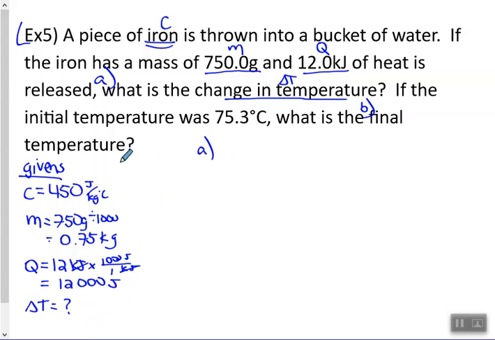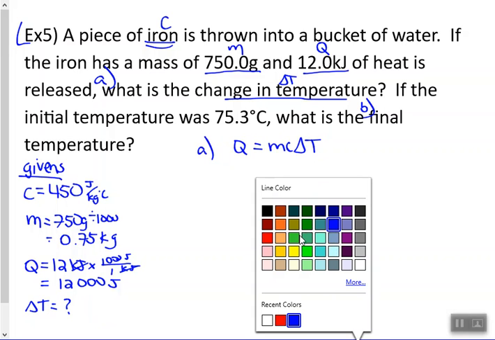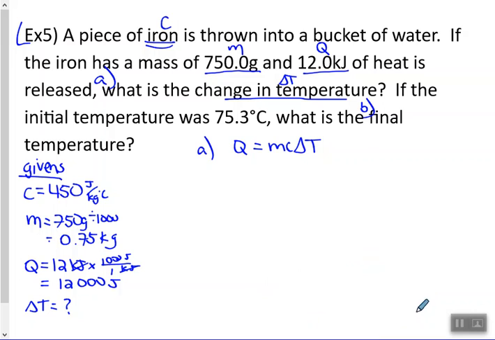So A, what's the change in temperature? Q equals mc delta T. Now remember, our steps for our problems are always first to do our givens, then write our equation. Next, isolate our variable if it's not isolated already. Then we are going to sub into our equation.